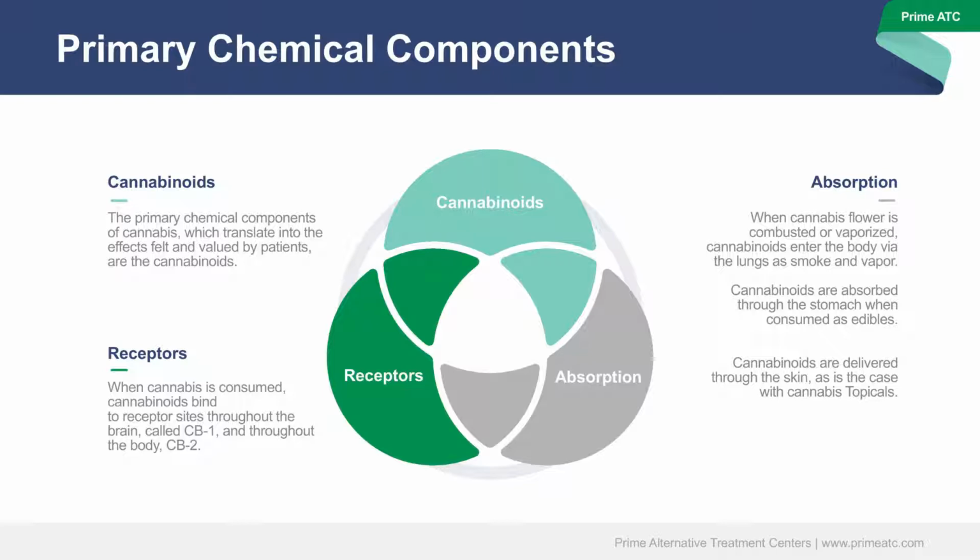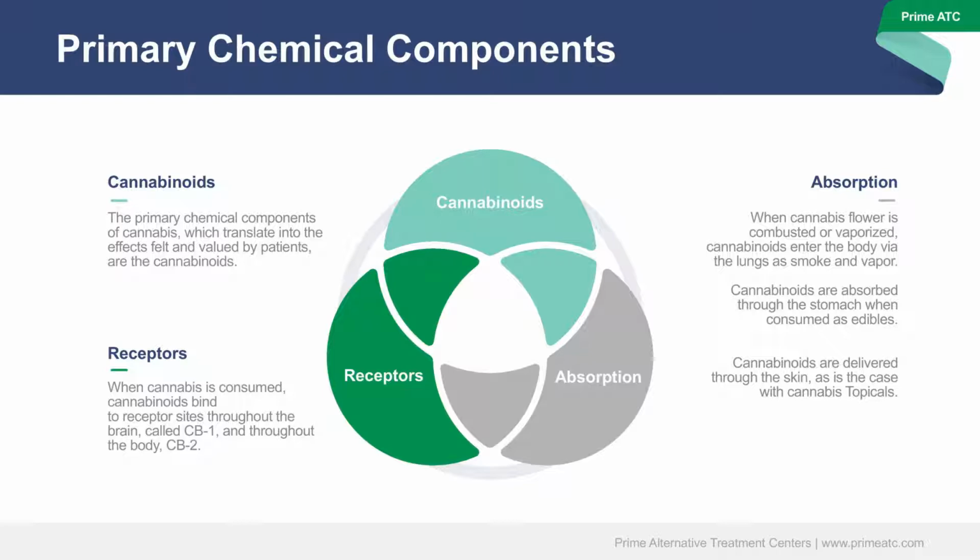For example, THC, tetrahydrocannabinol, binds to receptors in the brain, whereas CBN, cannabinol, has a strong affinity for CB2 receptors located throughout the body. By targeting the right cannabinoid to the right receptor, different types of relief are achievable. This is in fact how all pharmaceutical agents operate. There's a drug and a receptor.